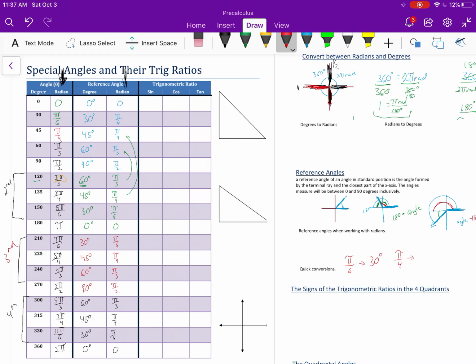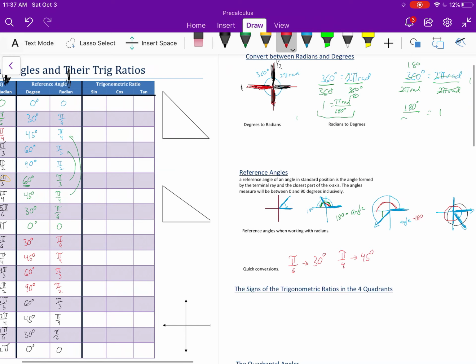Pi over 4 relates to a 45-degree angle. Pi over 3 goes with a 60-degree angle, and pi over 2 goes with a 90-degree angle. So those are some quick conversions. If you're in radians, you should know what the reference angle in degrees is very quickly.